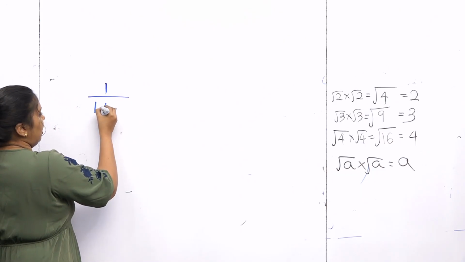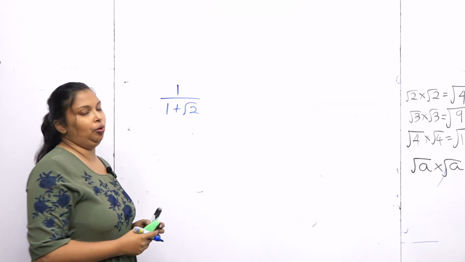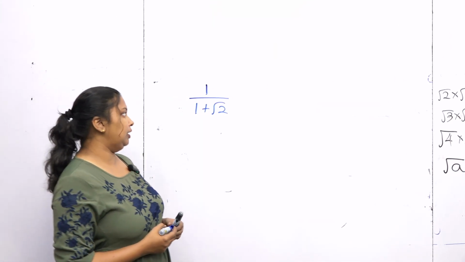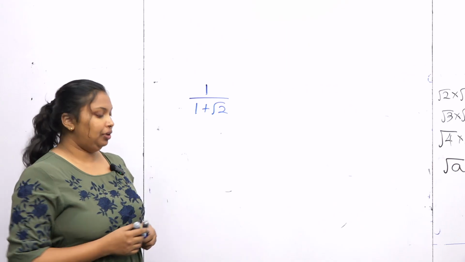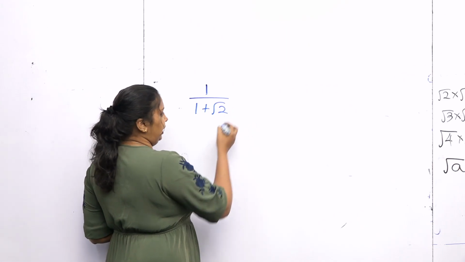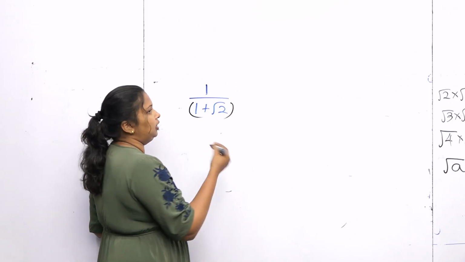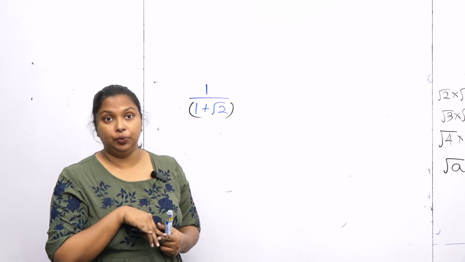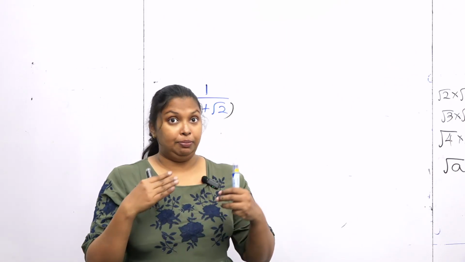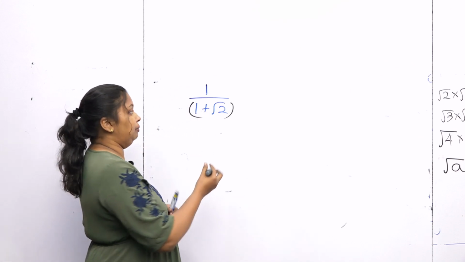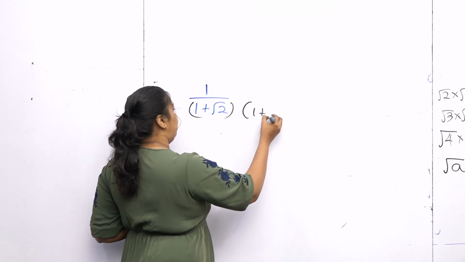1 over 1 plus root 2. This is what you have in the denominator. Yeah, what can I do now? Before, I had root 2 in the denominator, so I multiplied both denominator and numerator by root 2. Now let me multiply both by 1 plus root 2 and see what happens.